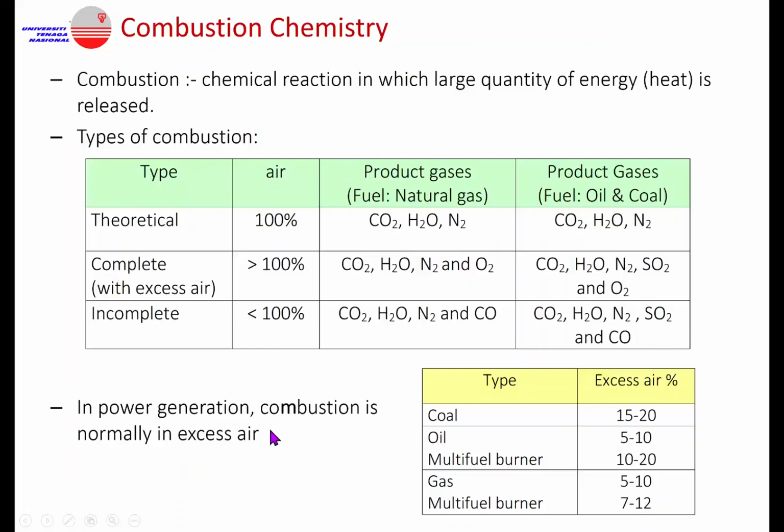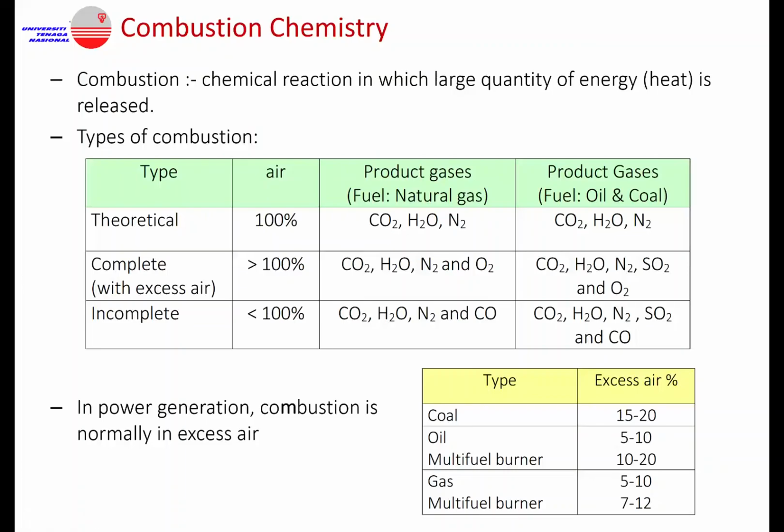If you look at this table, for coal combustion, the amount of excess air is usually between 15 to 20%. For oil, it's about 5 to 10%. For multi-fuel burner systems, we have 10 to 20%. For natural gas, it is about 5 to 10% and so on. These are approximations of the percentage of excess air, which also depends on the type of fuel.